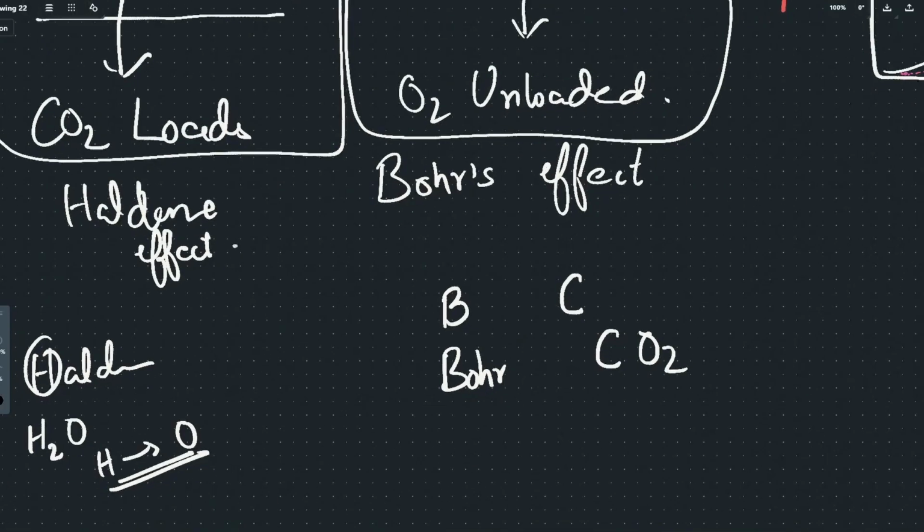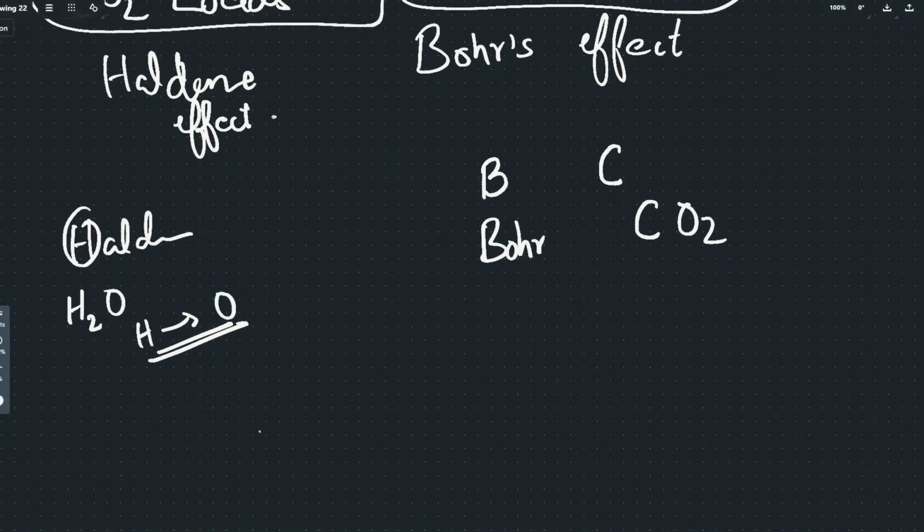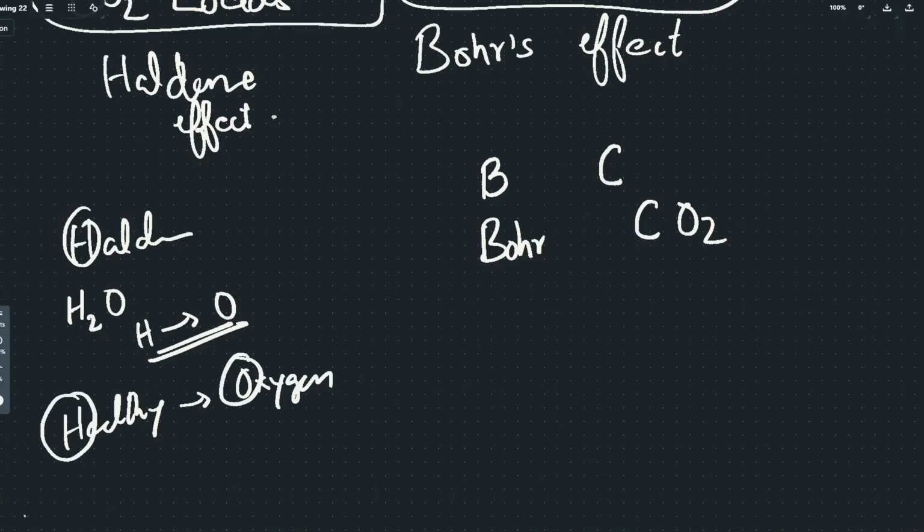Another thing, when you talk about healthy things, fresh air, healthy and fresh, it is all the time related with oxygen. So you can somehow relate H with O, and you have to relate B with C. So Bohr is related with CO2, right?